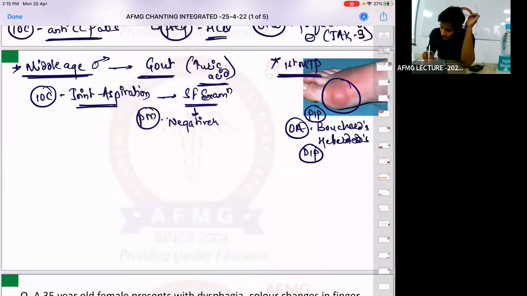Okay, negatively birefringent. Which shape? Needle-shaped crystals. And these crystals are made up of monosodium urate.